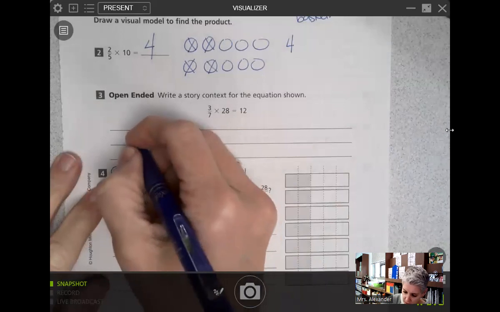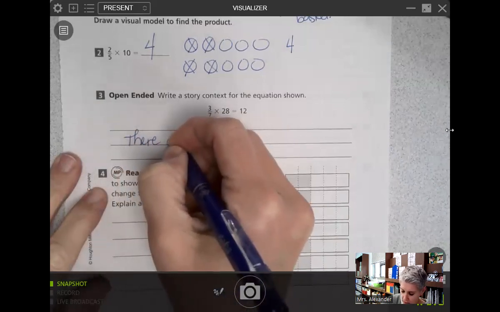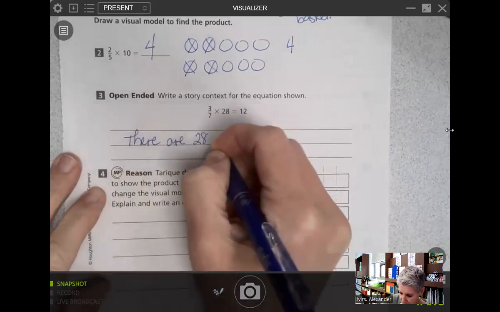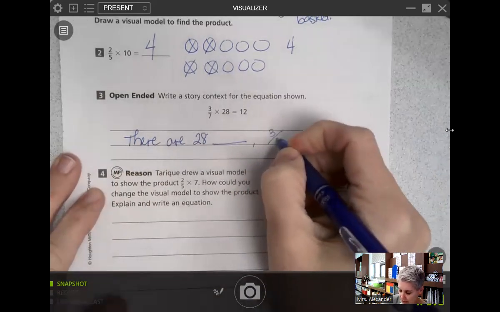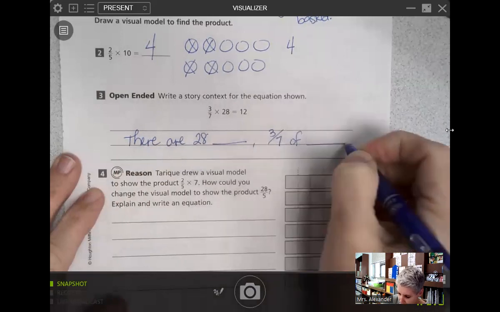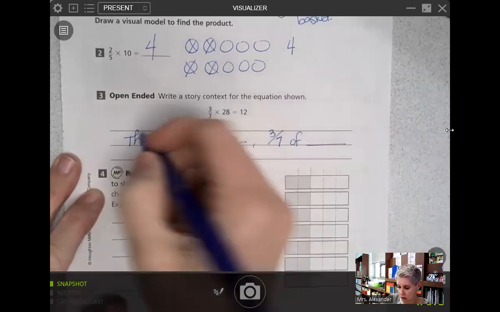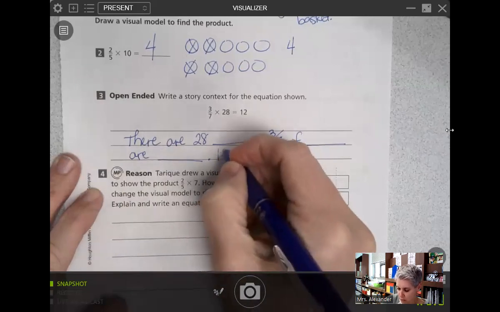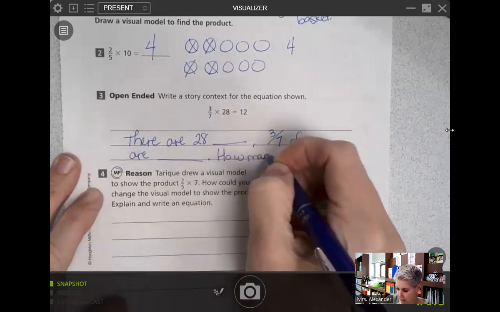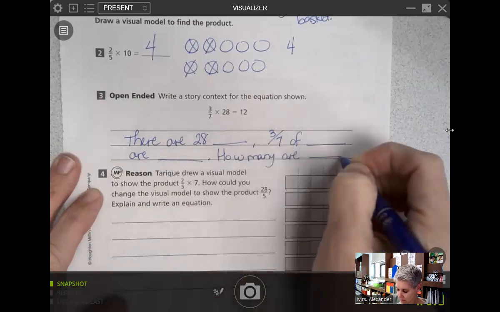So there are 28 somethings, and 3/7 of those somethings are something. And our question would be, how many are that thing?